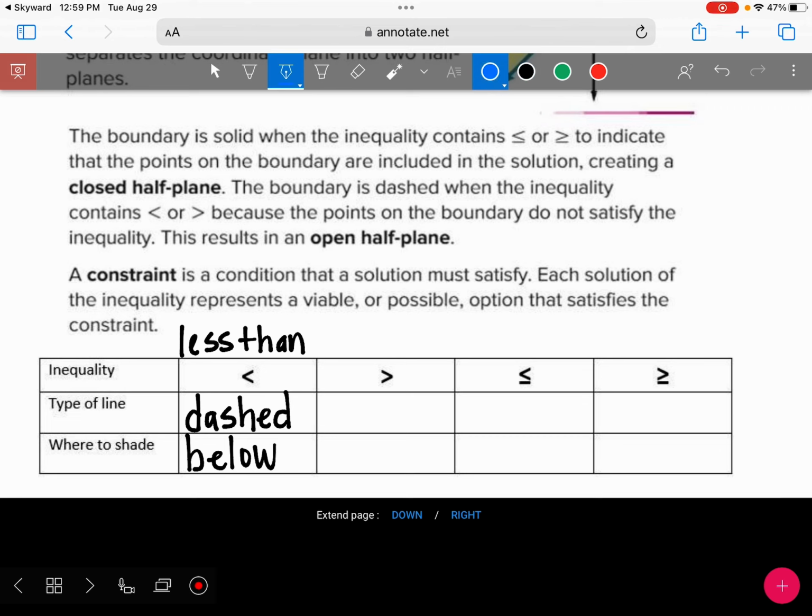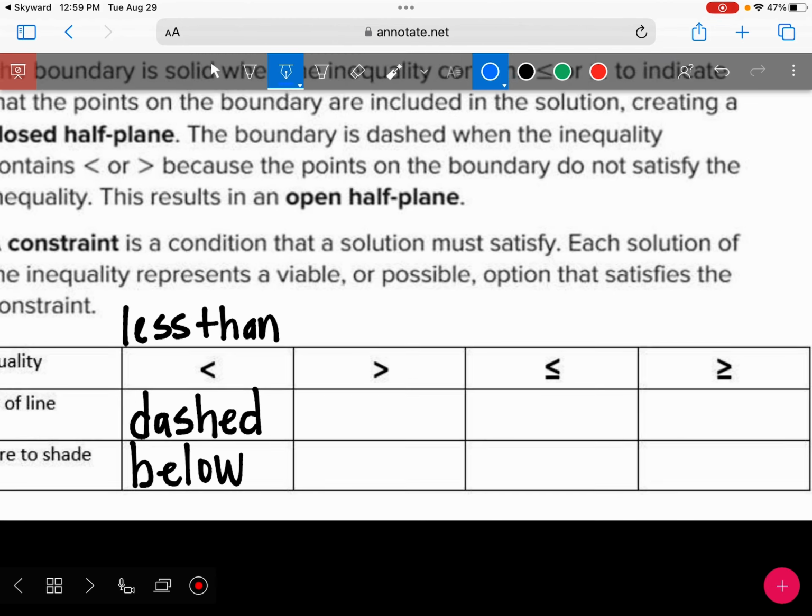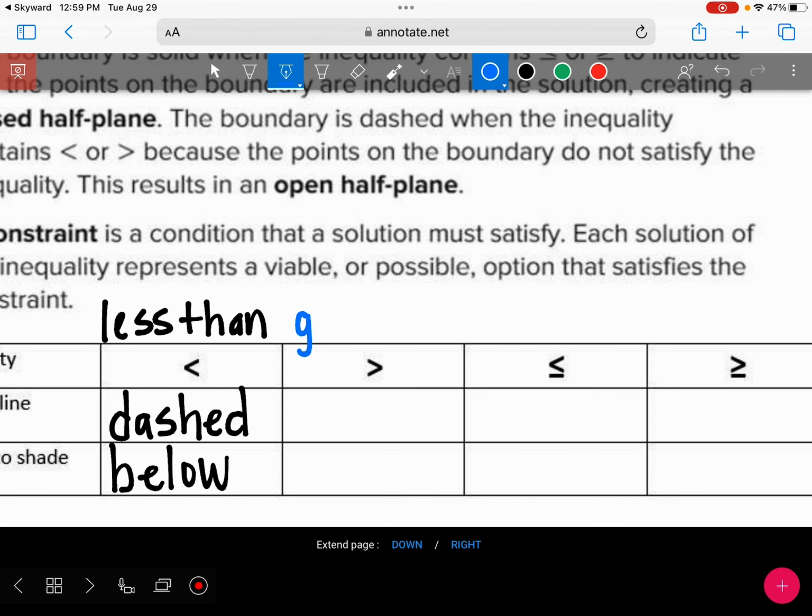Our second one is greater than. And can you put in front of each one of these, I forgot to have you do that, put a y in front of each one of these inequalities, because that makes a difference.